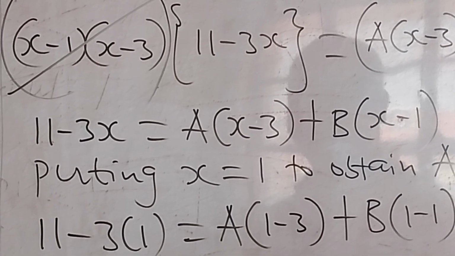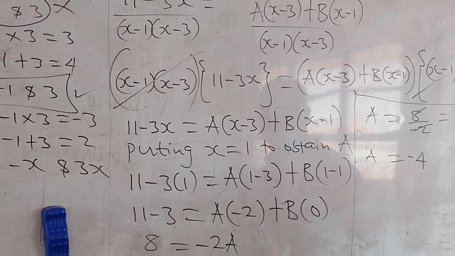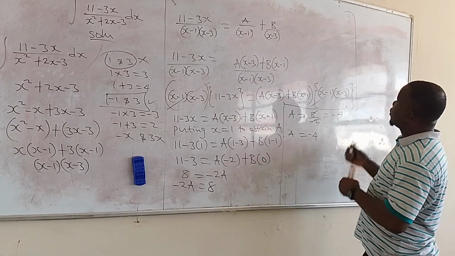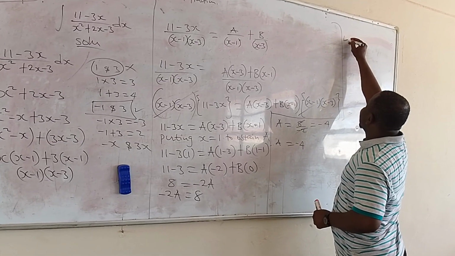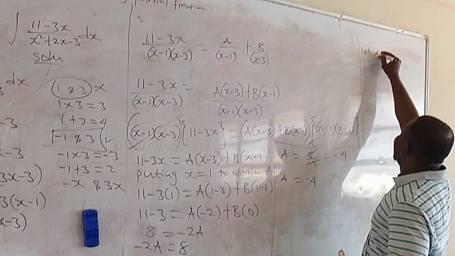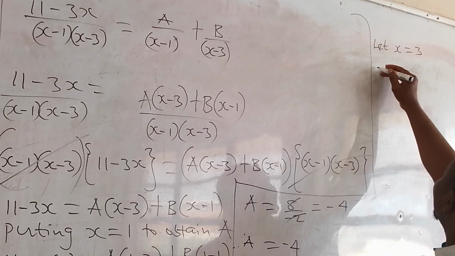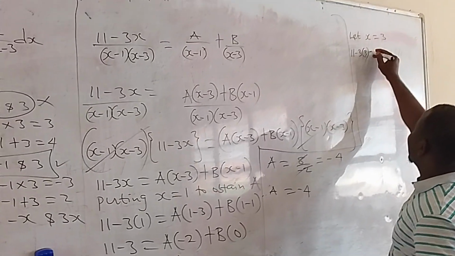Yes, we can let x equals to what? 3. True of us. So let x equals to 3. It implies that we have 11 minus 3 all in bracket 3, isn't it?